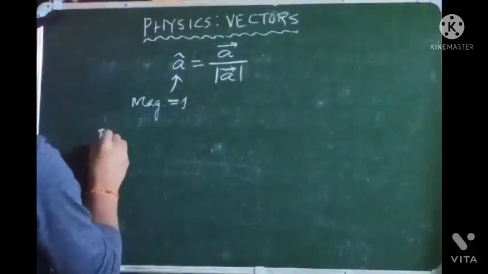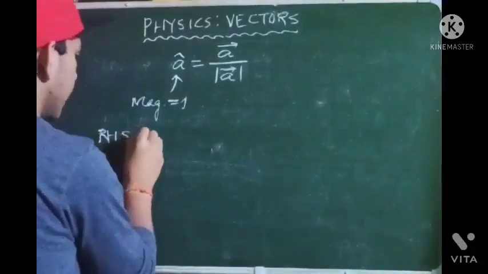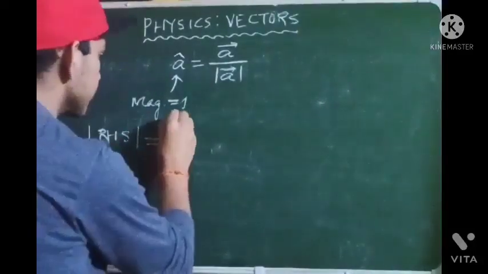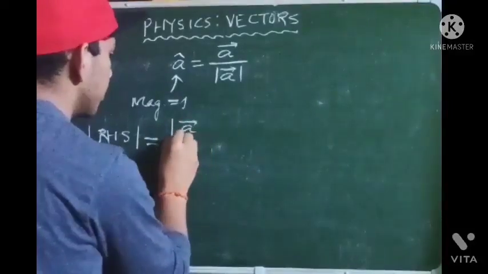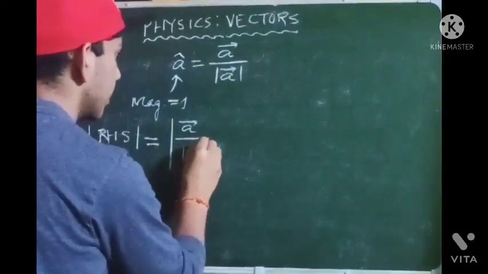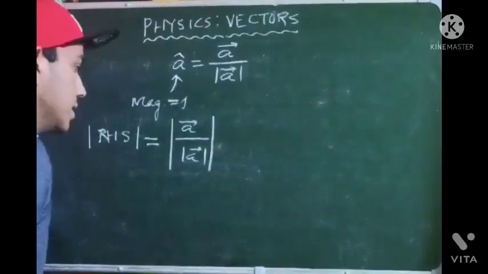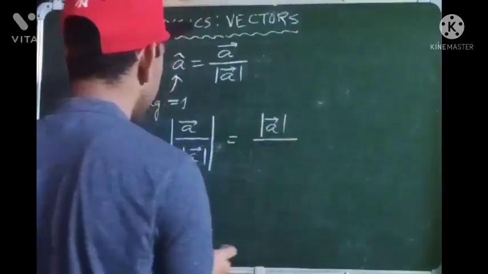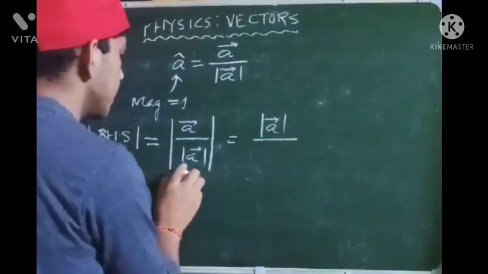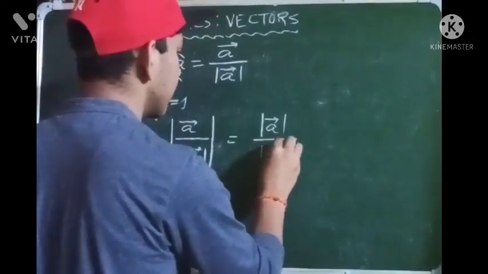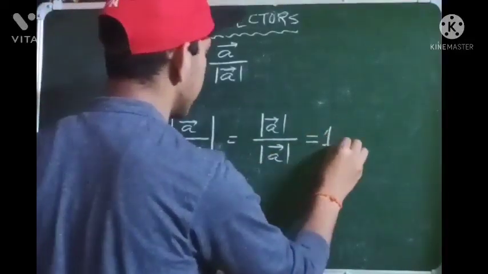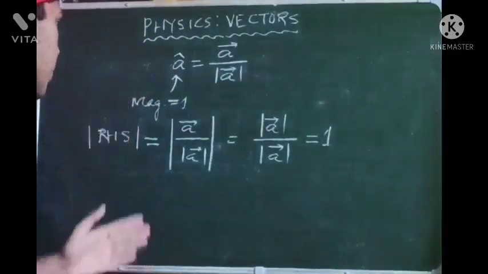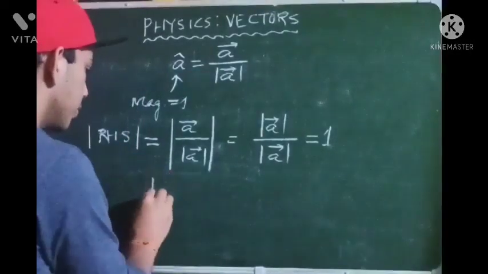Now from the right hand side, let us take the magnitude. Magnitude of a vector divided by magnitude of a vector, this is equal to magnitude of a vector divided by magnitude of a vector, we can cancel it to a single one. So this is equal to 1. So the magnitude of the right hand side is also equal to 1, and the magnitude of the left hand side we already know is equal to 1. So it is proved.